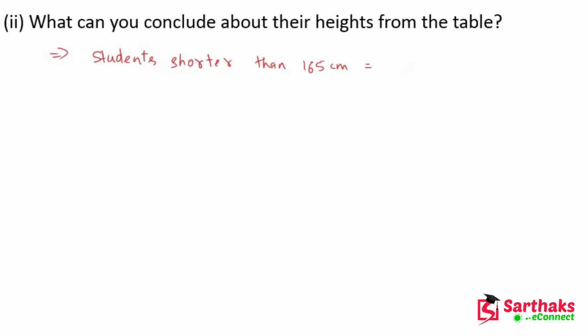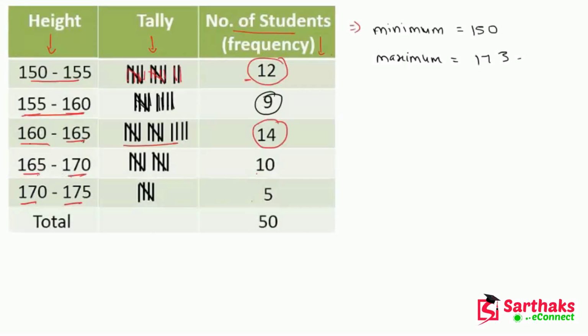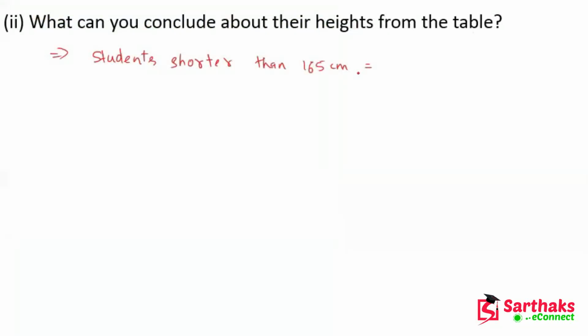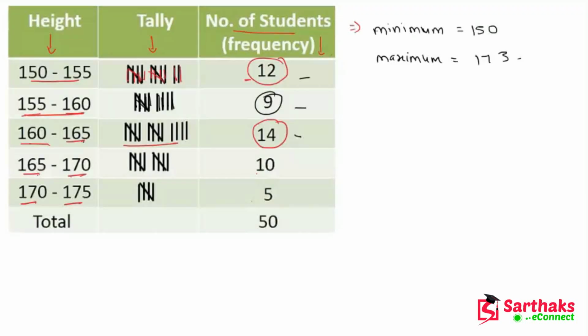There are 14, 9 and 12. If we add these, 12 plus 9 plus 14, we get 35. It means out of 50 students, 35 students have a height less than 165 centimeters.